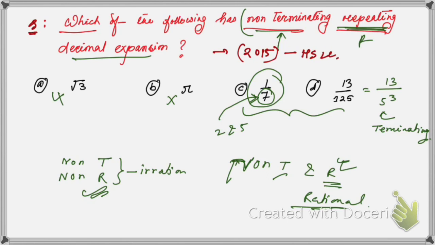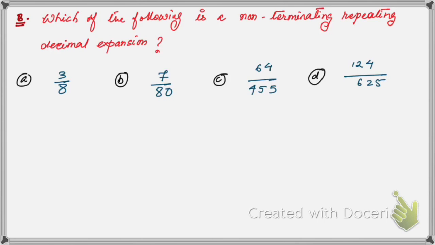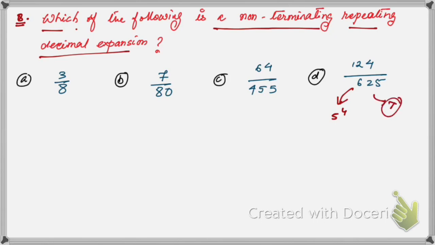So now let's go to the next question. Here, which of the following is non-terminating, repeating? Again, the same type of question. So here you see its denominator is going to be 5 to the power 4, right? So that's why it is terminating. We don't need non-terminating, it is terminating. So here you see 7 by 80 can be written with 2 to the power 4 into 5, right?